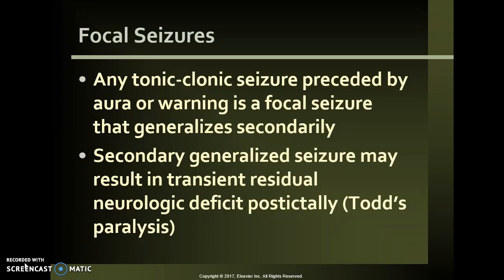So the focal seizure, again, may be confined to one side of the brain and remain focal or partial. However, they may spread and affect the entire brain, culminating in a generalized tonic-clonic seizure. But any tonic-clonic seizure that starts with an aura or a warning is a focal seizure that generalizes as a secondary issue. So a little bit confusing there, but I think if you look at this algorithm, just be familiar with that. That breaks it down pretty well.